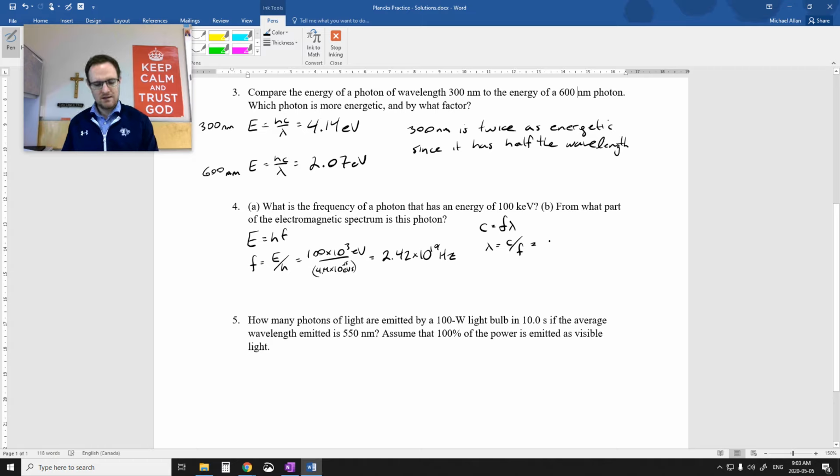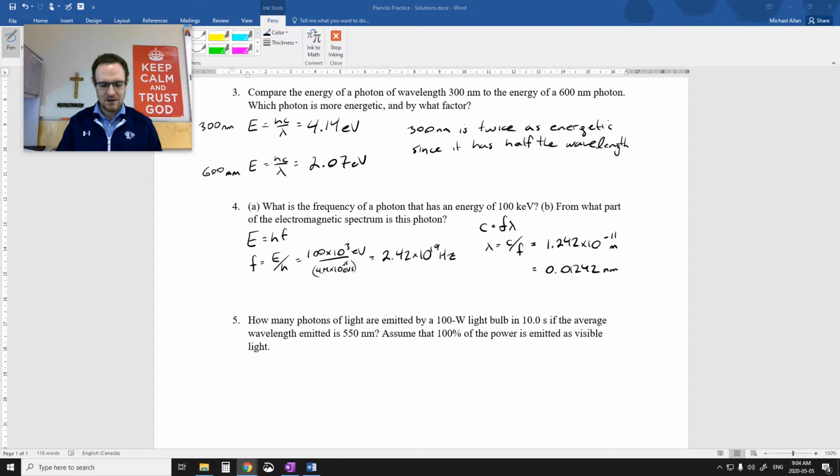So I get 1.242 times 10 to the negative 11 meters. If I change that into nanometers, so I'm going to divide by 10 to the negative 9, I get 0.01242 nanometers. Okay. And then, well, it's obviously on the shorter end of the visible spectrum, so it's into the ultraviolet/X-ray range.